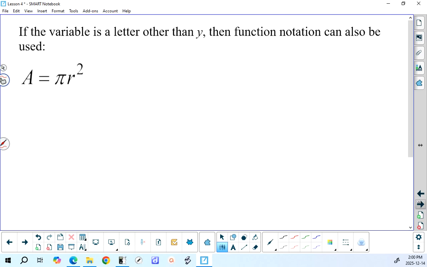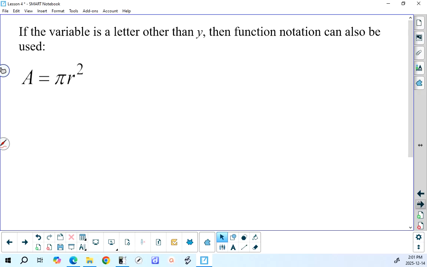If the variable is a letter other than y, then you can still use function notation. There's the formula for area of a circle. If you want to determine the area of a circle from the radius, you take pi times the radius squared. So area is a function of the radius. I'm going to repeat that and ask you to think of that sentence. Area is a function of the radius.